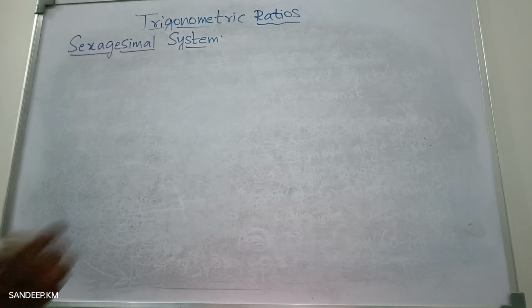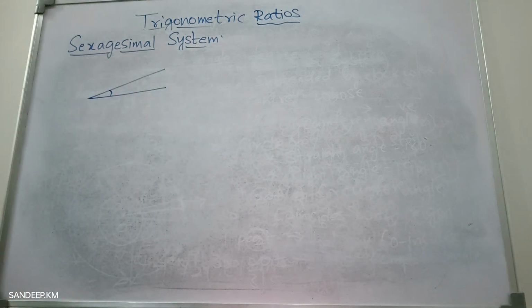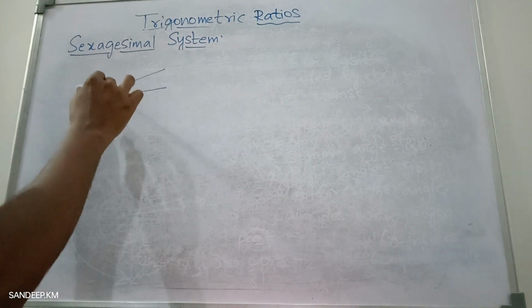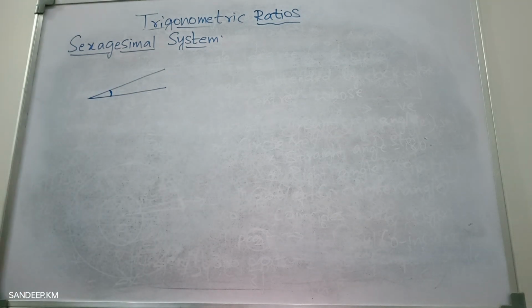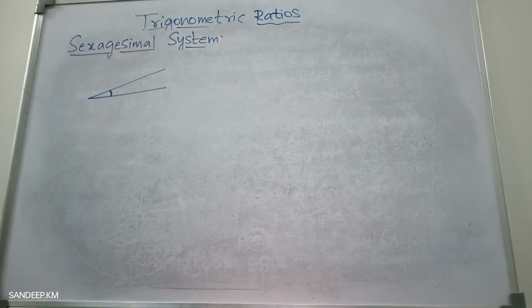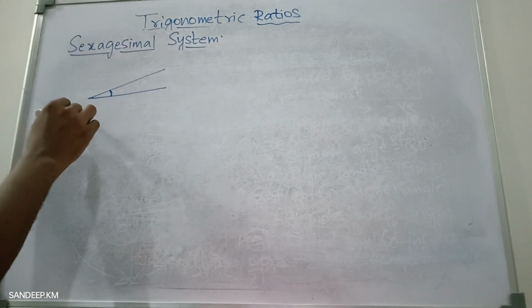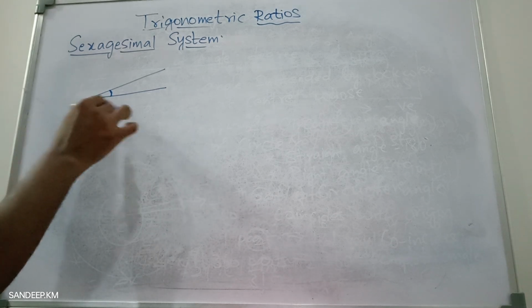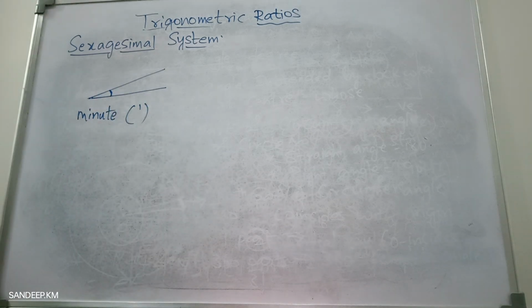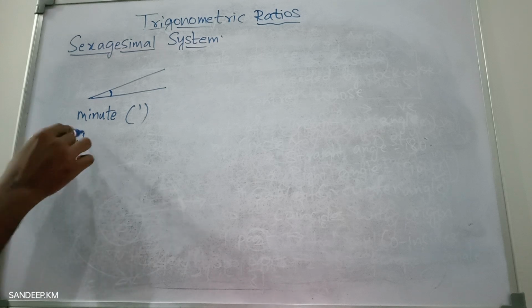Next, if I divide that angle of 1 degree into 60 equal parts, then each part is called a minute. The minute symbol is given like this, with one slash at the top. So what is the meaning of this symbol?